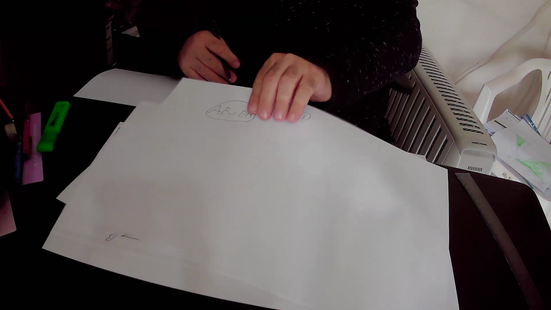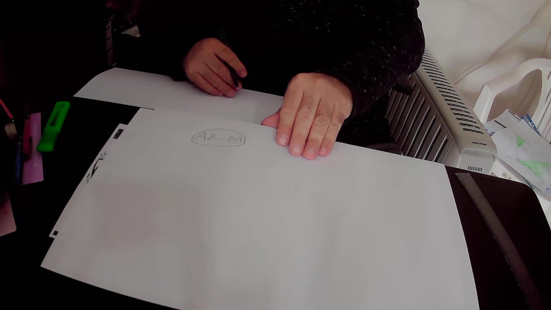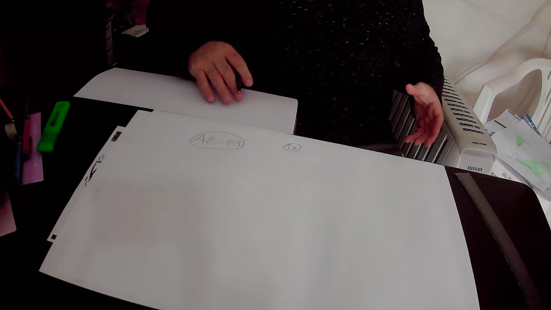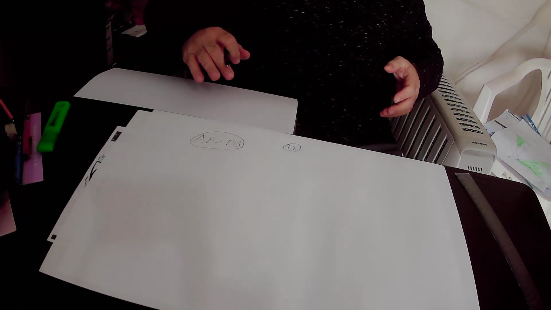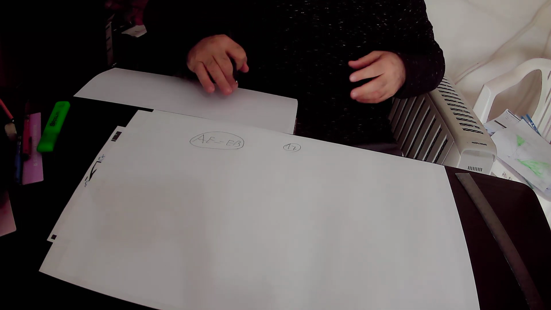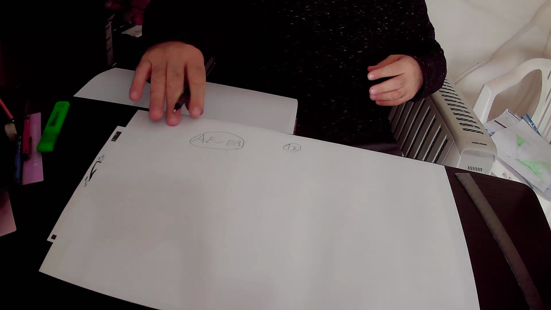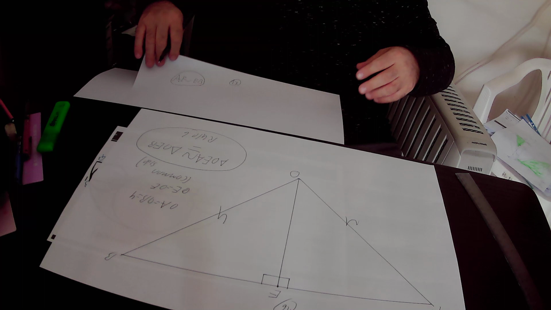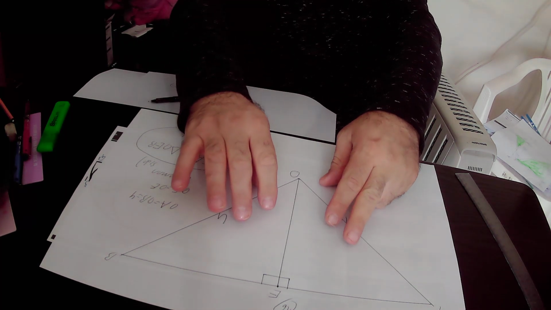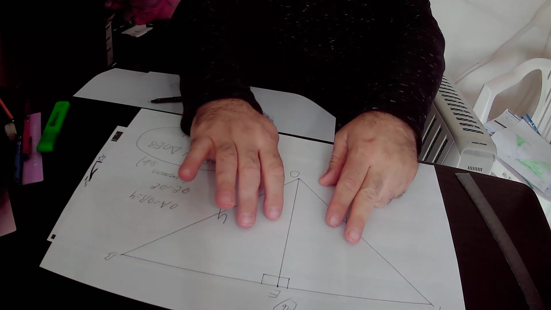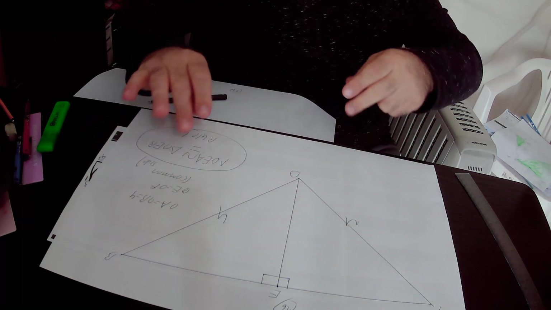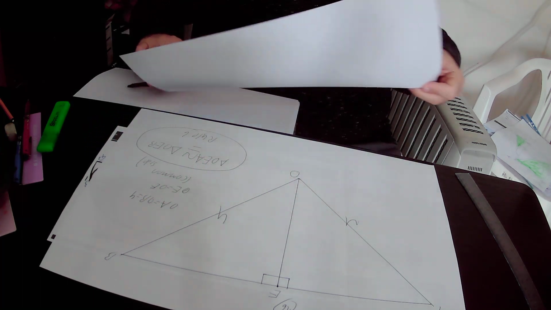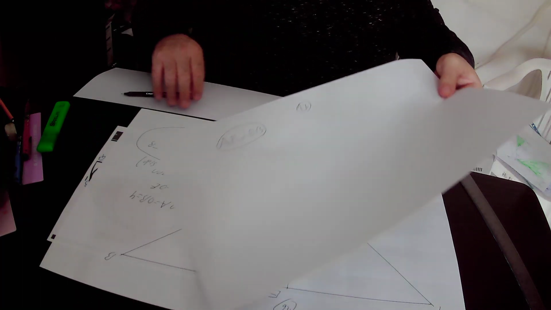AE equals EB according to the rule that corresponding sides in congruent triangles are equal to each other. Those two triangles are congruent, therefore the corresponding sides AE and EB will be equal to each other, that is to say AE equals EB.